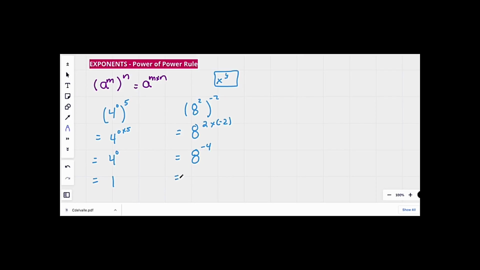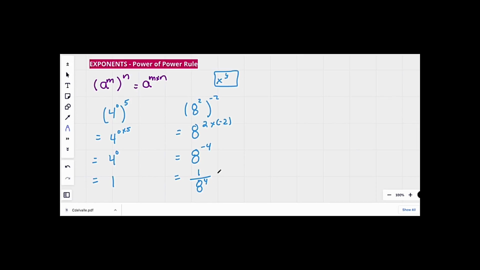And so I said that when we have a number to the power of a negative, we have to put it all under 1. So we'll have 1, and now we bring down the 8 to the power of positive 4. So this is how we get rid of the negative sign. We put it all under 1, and we keep the number.